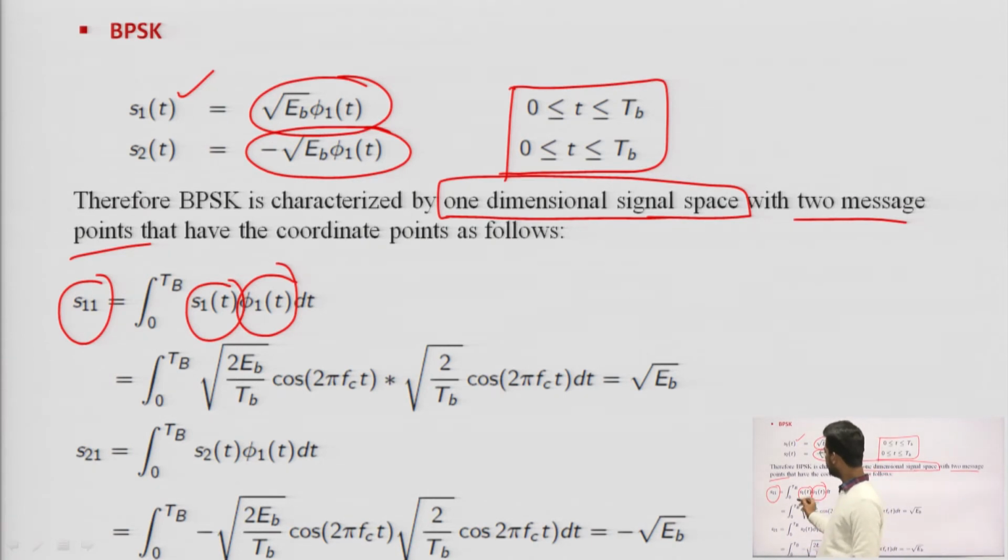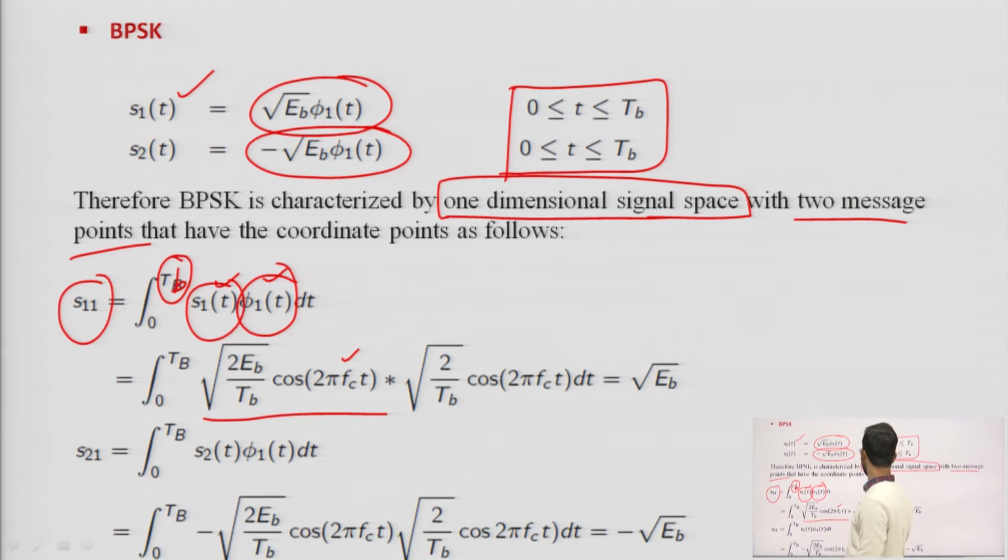I can integrate the multiplication of s1(t) and phi 1(t) in the interval 0 to Tb dt. I know s1(t) is root 2 Eb divided by Tb cos 2 pi fc t, and phi 1(t) is root 2 by Tb cos 2 pi fc t. After multiplication and some calculation, we will get S11 equal to plus root Eb.